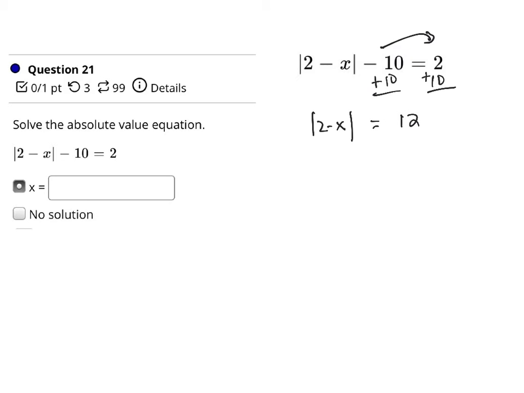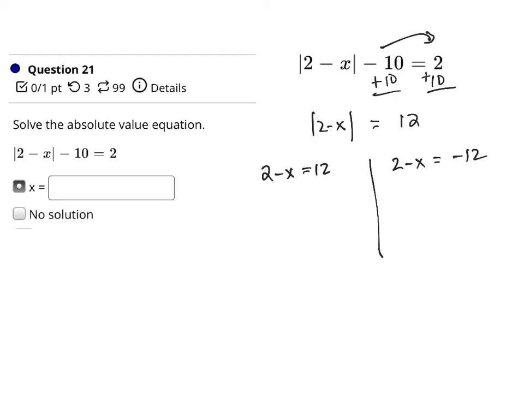So now this part we have to write. First, we're going to write 2 minus x equals 12, just like we see it, but without the absolute value symbols. Then we're going to write 2 minus x equals -12. We're going to do the opposite there. So we're going to solve for x.